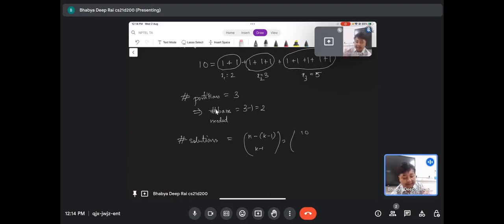There are 10 ones, 10 elements here, and you use 2 bars. So it is 10 plus 2, which is 12, choose 2. Factorial divided by 10 factorial times 2 factorial, which is 12 times 11 times 10 factorial divided by 10 factorial times 2. So you cancel this.